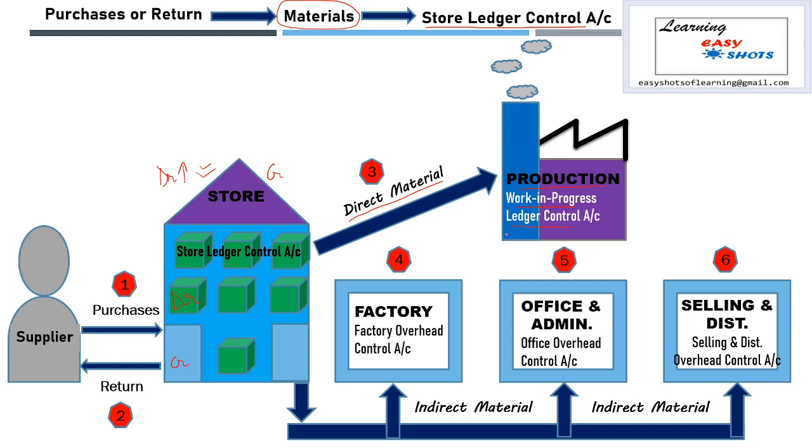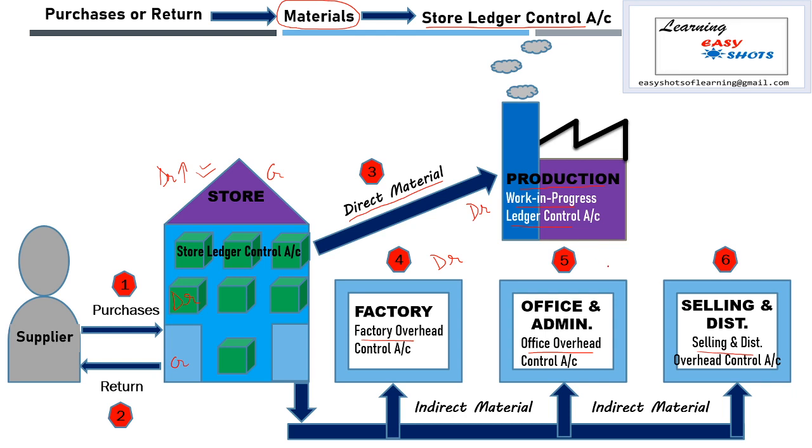And for other departments, for factory we use factory overhead control account, for office we use office overhead control account, and for selling and distribution we use selling and distribution overhead control account. Now when we issue material to the production, then we debit the WIP ledger control account. And when the indirect material is separately issued to each department, then in case of factory we debit the factory overhead control account.